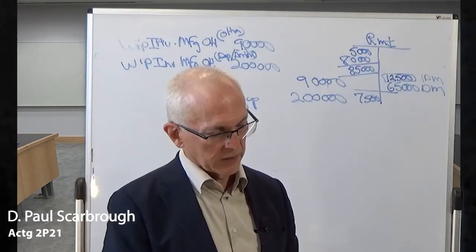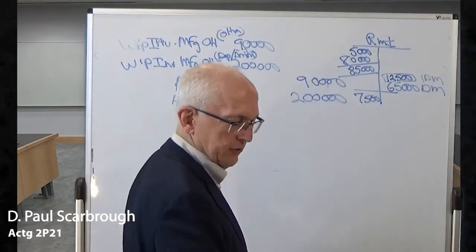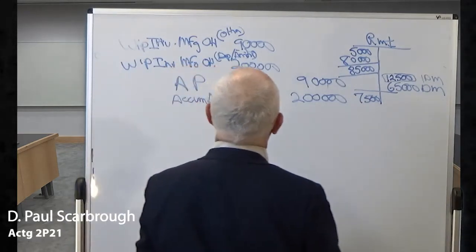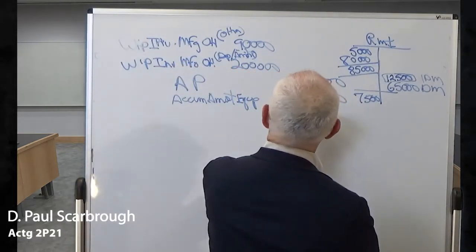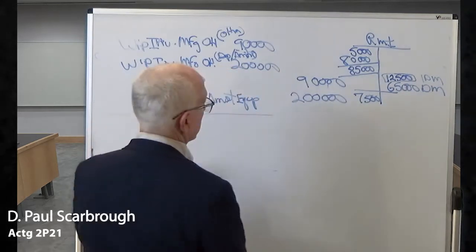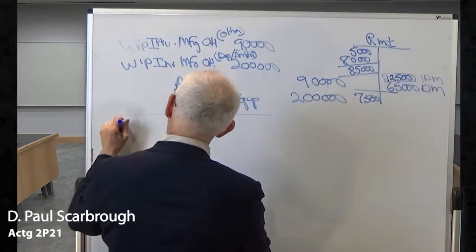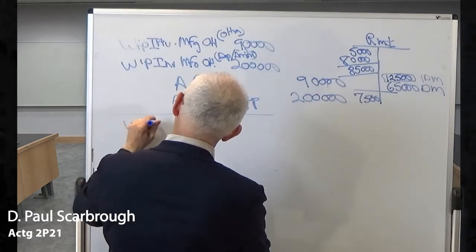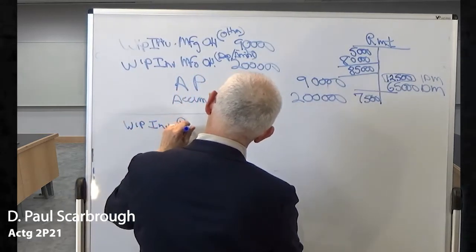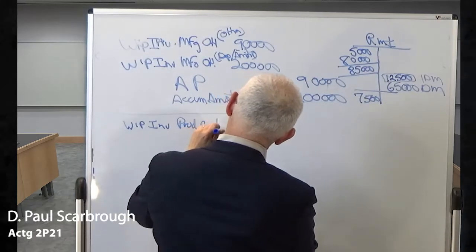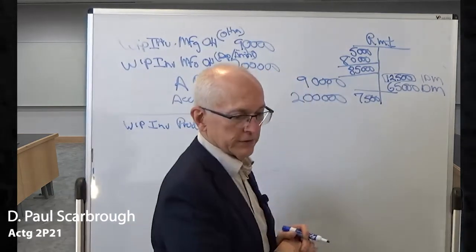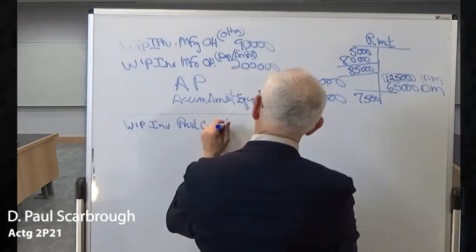In this system we're going to have WIP inventory, manufacturing overhead, indirect materials. So let us come here and pick up WIP inventory, product cost. First of all, we're going to do the direct materials.